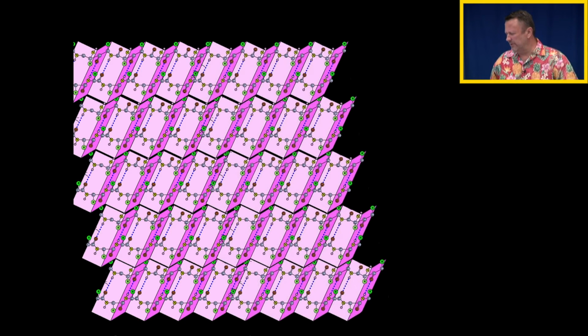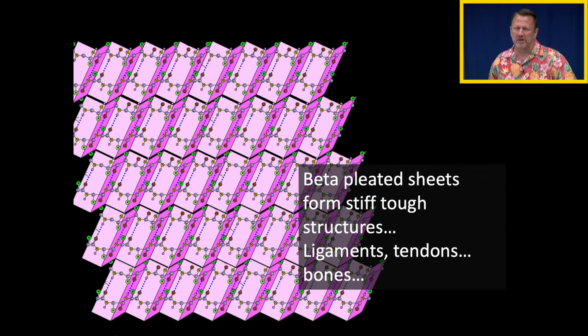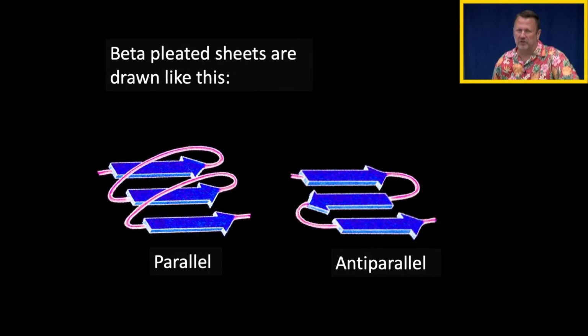When we want stiff structures, your body makes beta-pleated sheets. We'll see these in ligaments, tendons, bones, stuff that we don't want to be real stretchy. And that's just determined by the sequence of amino acids that the body uses when they put the chain together. The amino acids will just spontaneously form these sheets.